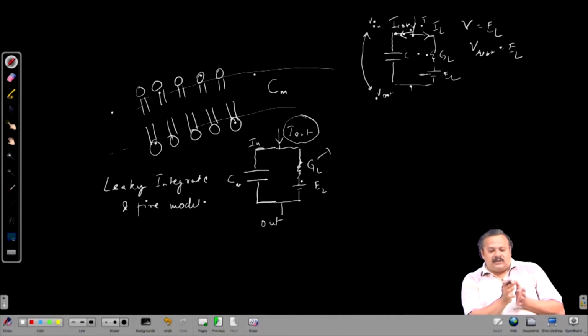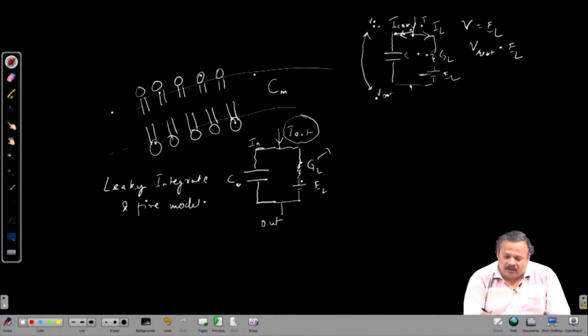Whatever ions are going through, they are not allowed to flow if we have the voltage at that particular value.